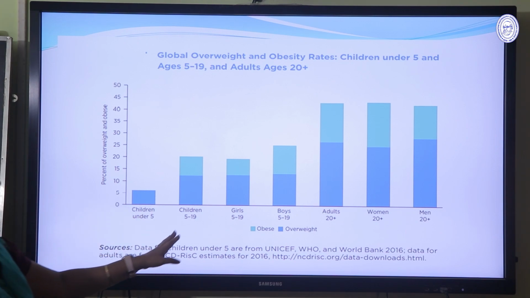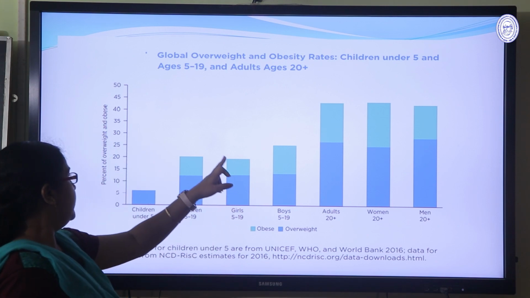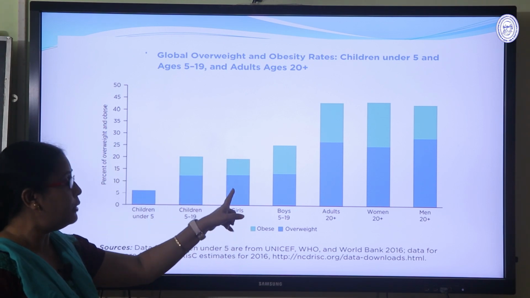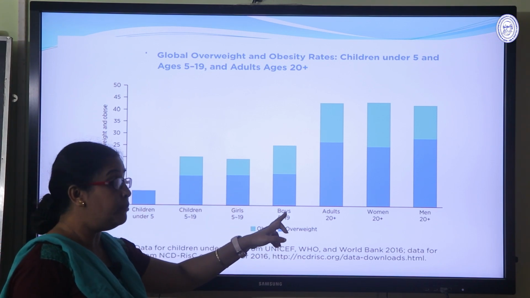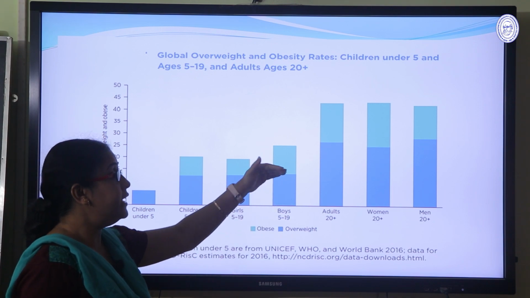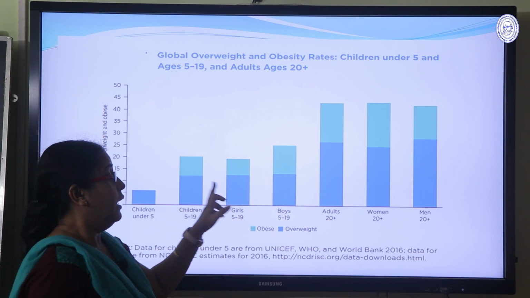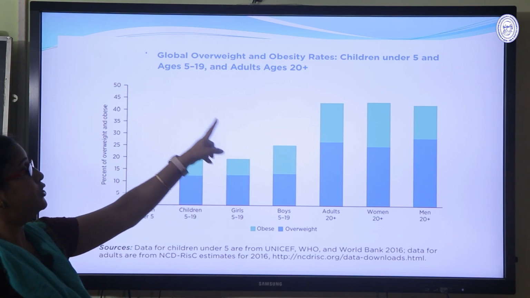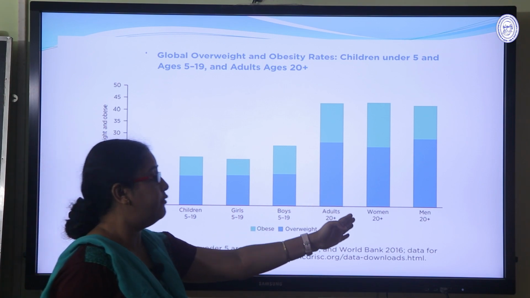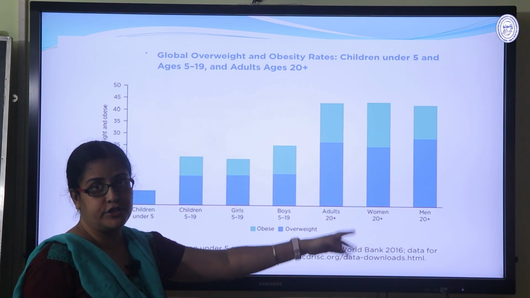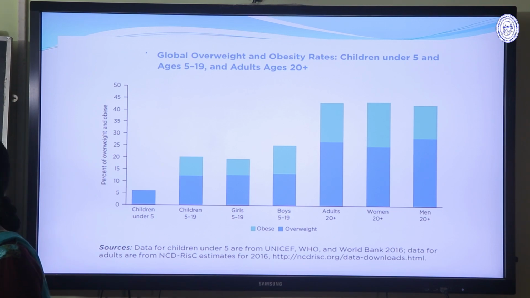Moreover, it has been observed that among girls, 18 to 90% of the total population is suffering from overweight or obesity, whereas adolescent boys are more prone to obesity. Among adults, 44% of the total population are suffering from obesity, but when compared between men and women, women are more prone to overweight and obesity, and definitely endocrine factors play a huge role in this case.